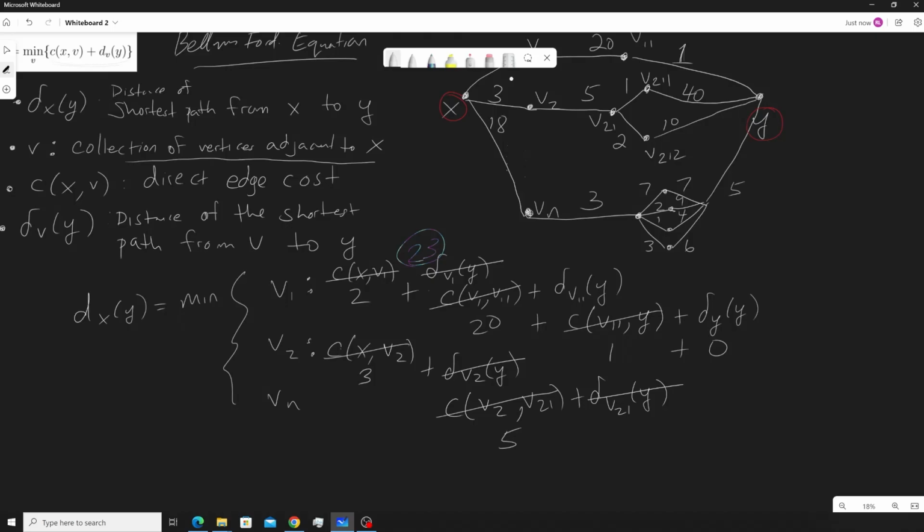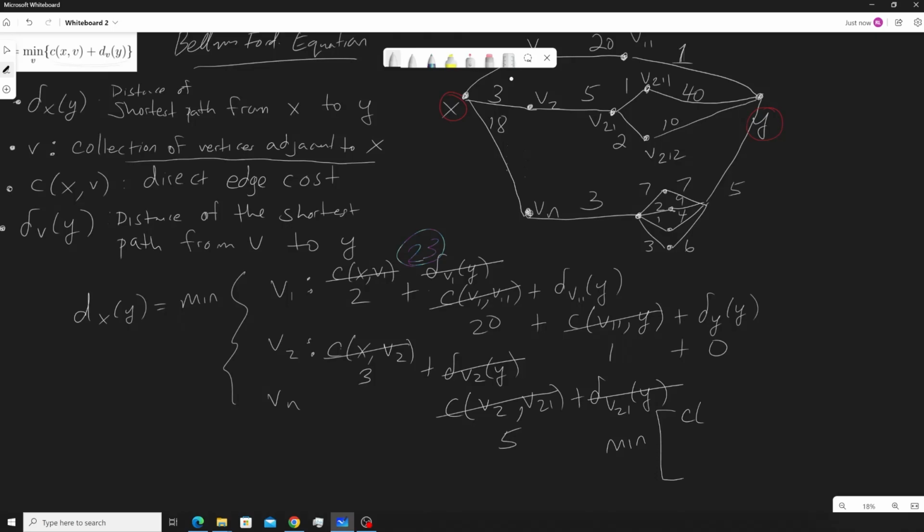If we choose v211, it becomes c of v21 to v211, plus the recursive one.